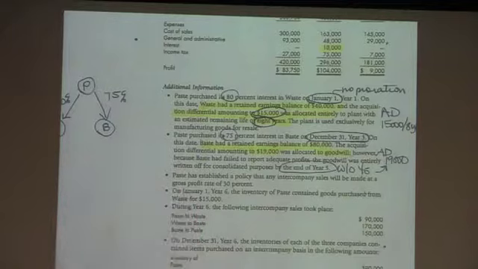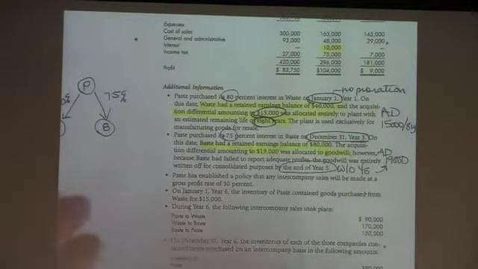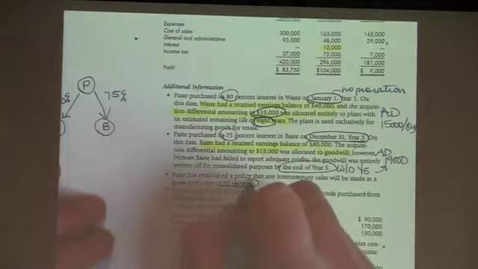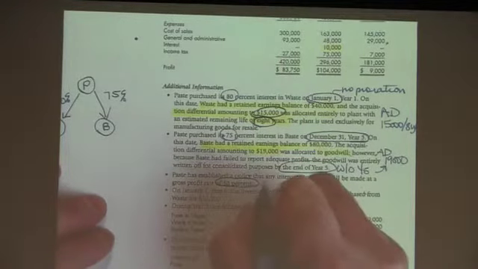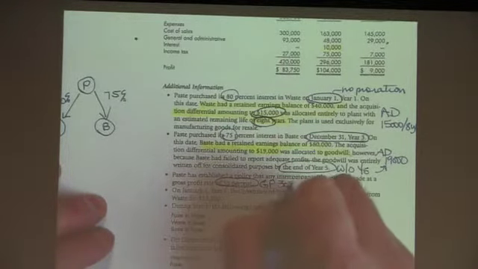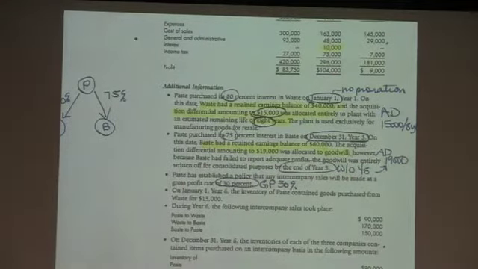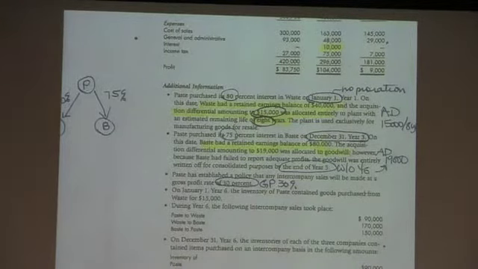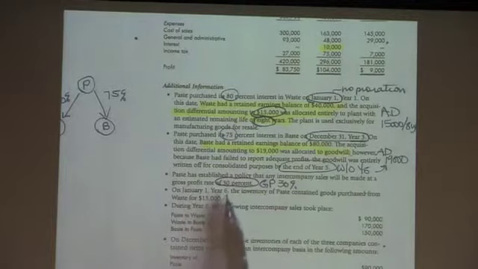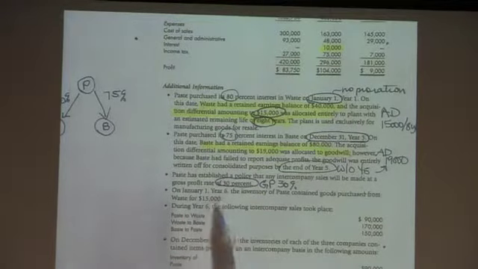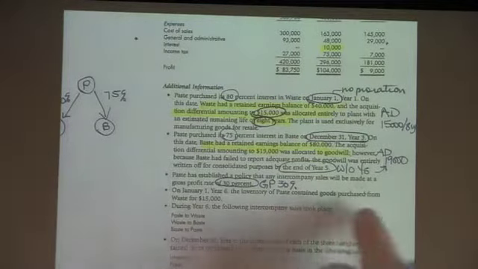Now, it says the parent established a policy of intercompany sales, and this is important because that's the gross profit of 30%. We're going to eliminate any intercompany profits that remain on the balance sheet of either the parent or the subsidiary as we consolidate the financial results. Now it says that on January 1st, year 6, so this is the beginning of the year, the inventory of Paste contains goods purchased from Waste.